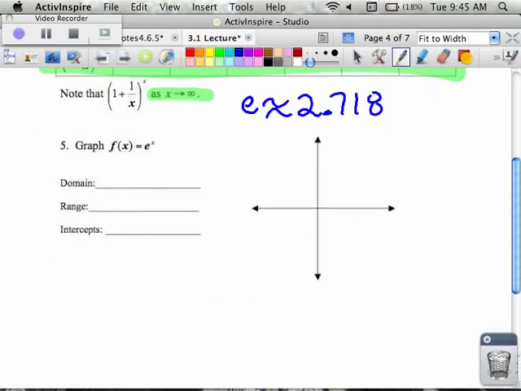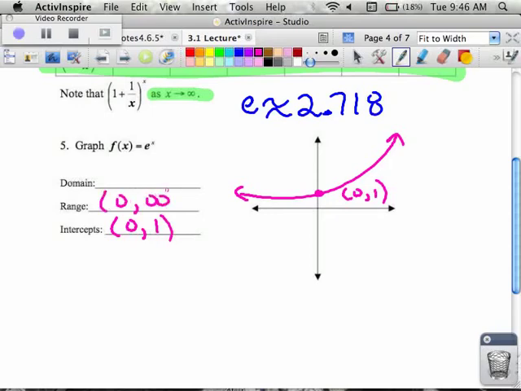Notice how this e, we said was a number like 2.17. It's a constant, a number like 2, like 3, like 7, whatever. So when I graph it, it looks just like any of the other exponentials. It has a y-intercept of (0, 1). It has a range that goes from 0 to infinity in the y direction.